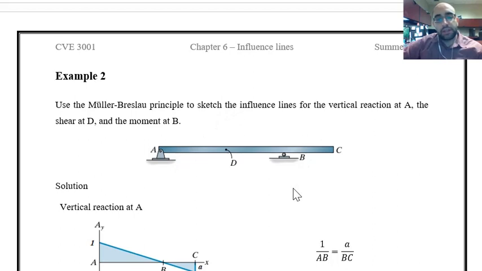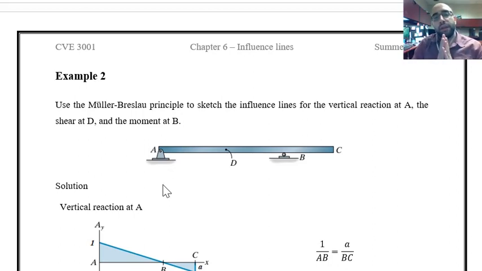The question is asking about using Muller Breslau's principle for finding the influence lines for vertical reaction at A, shear at D, and bending moment at B. So the first is vertical reaction at A. It is a force, like a shear force.